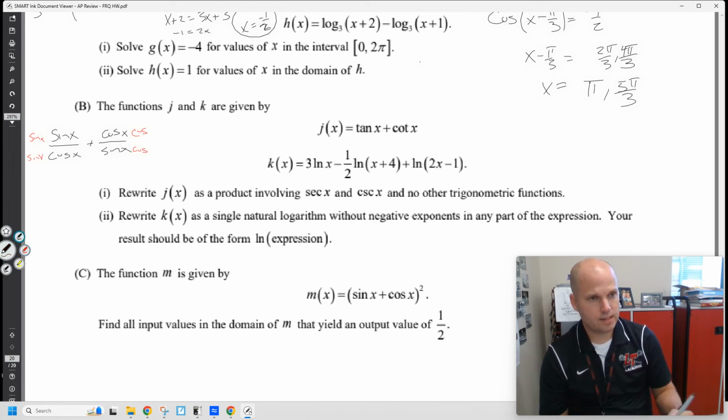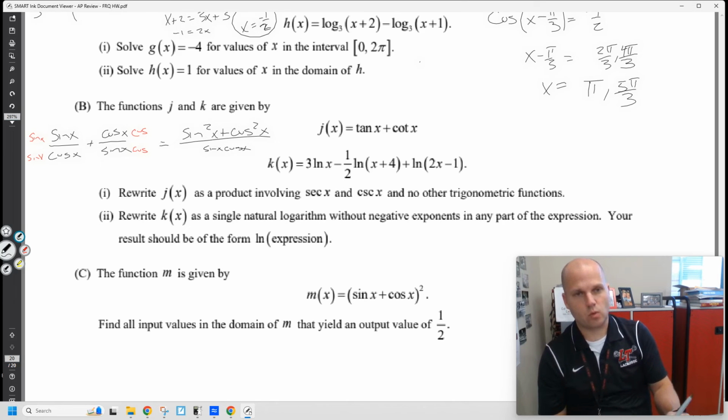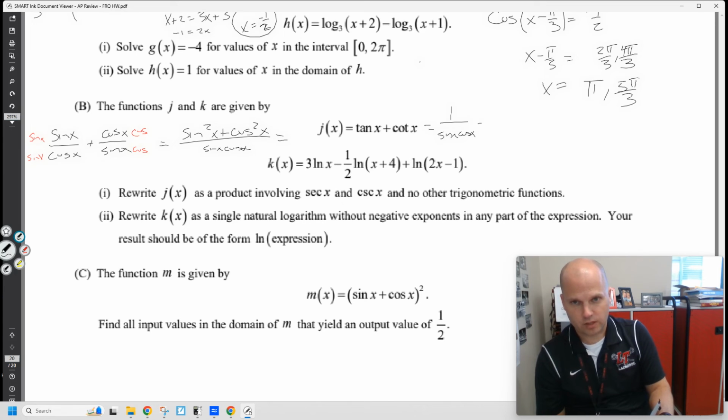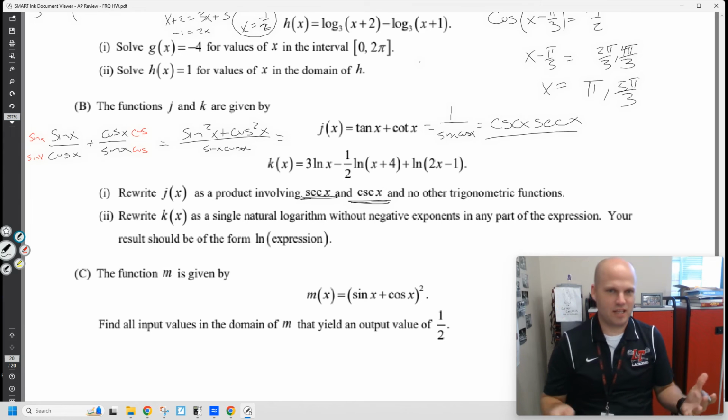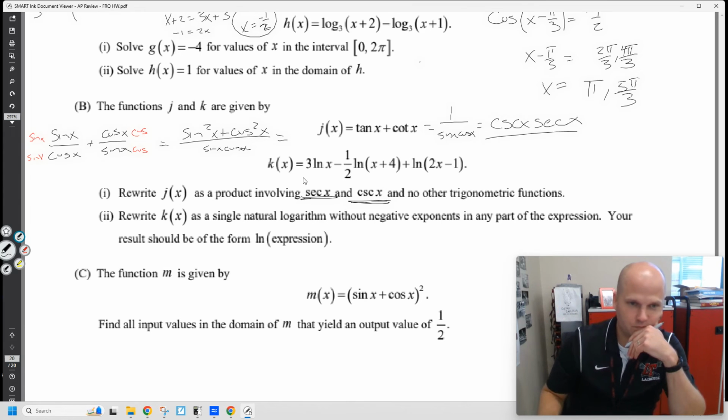And I get sine squared x plus cosine squared x over the common denominator of sine x cos x. Sine squared plus cosine squared equals 1. So I get 1 over, see this one finally works out, sine x cosine x, which equals the product of cosecant and secant. This is what we were talking about. Sometimes it just works out that you get the answer that they tell you you should get.